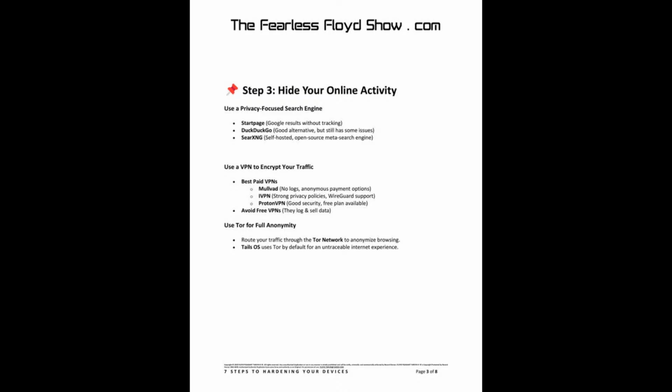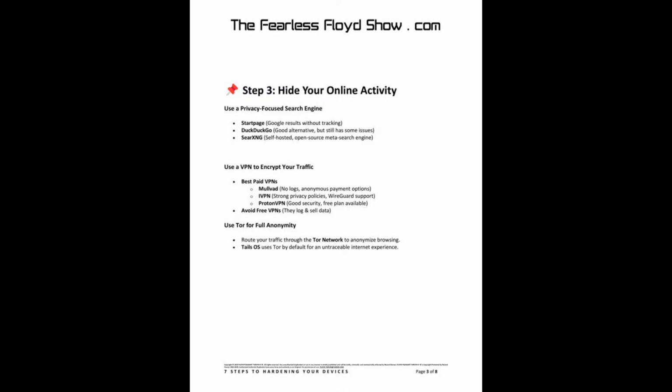Next up would be utilizing a VPN to encrypt your traffic. Best paid VPNs: Mullvad, no logs, anonymous payment options. IVPN, strong privacy policies, WireGuard support. I don't know what WireGuard support is.